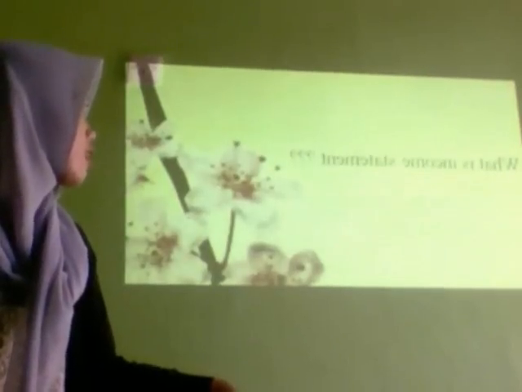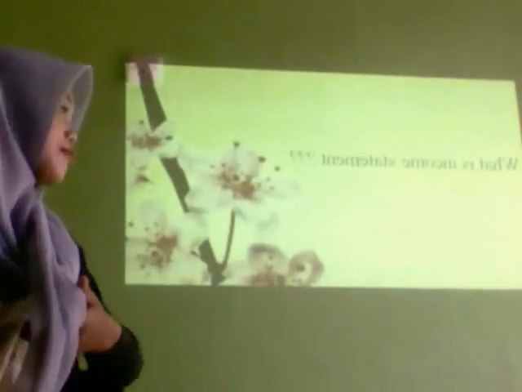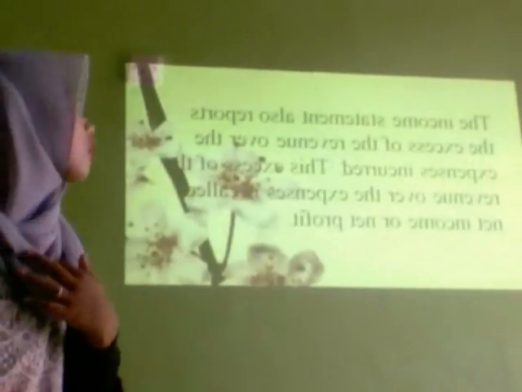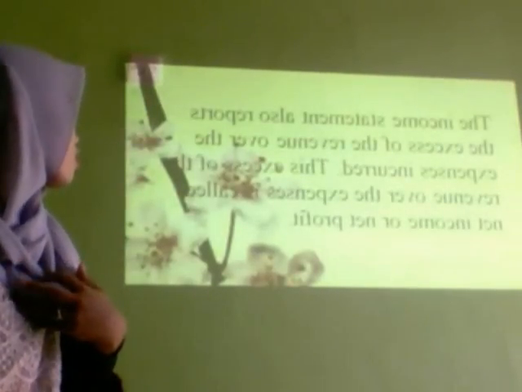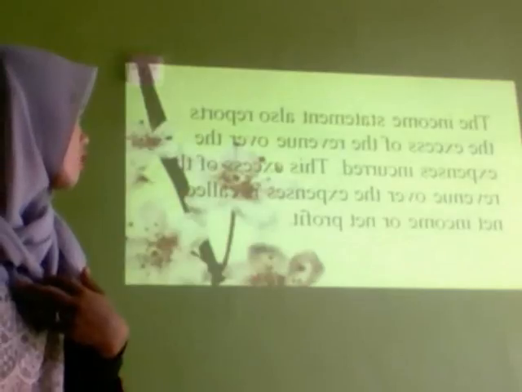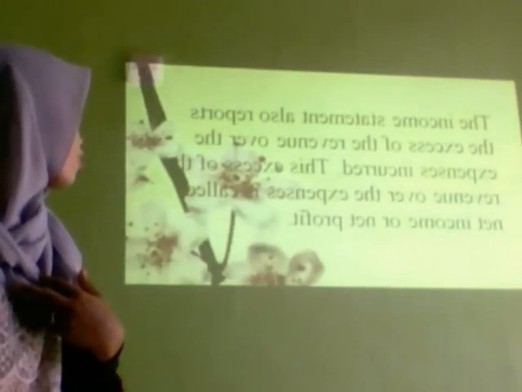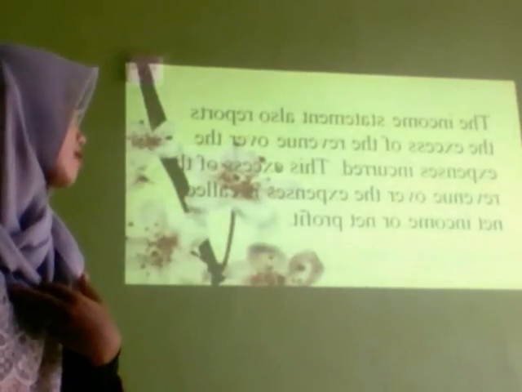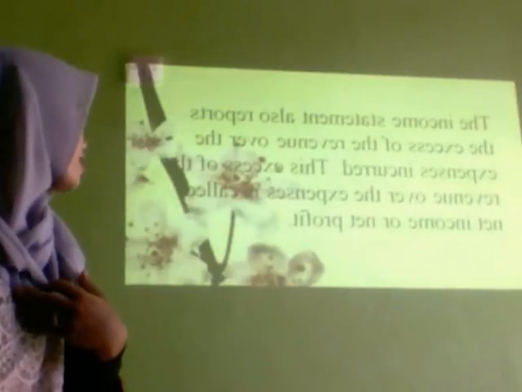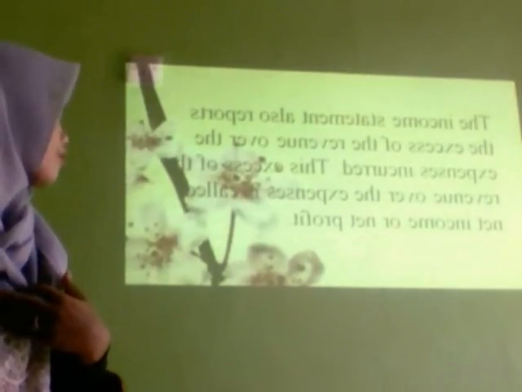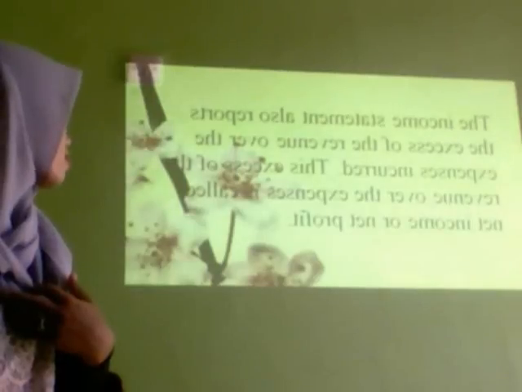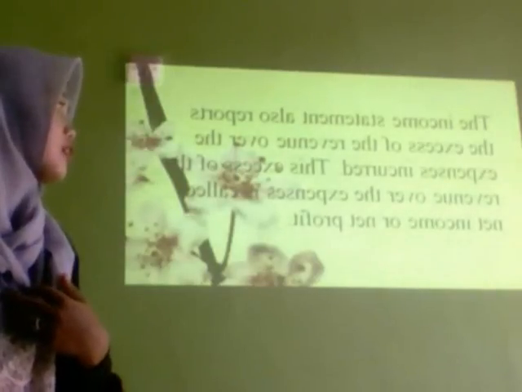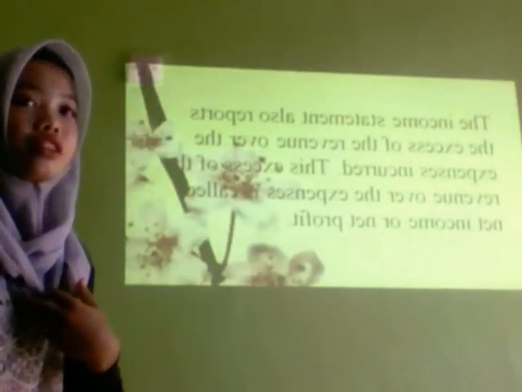What is income statement? The income statement also reports the excess of the revenue over the expenses incurred. This excess of the revenue over the expenses is included in net income or net profit.